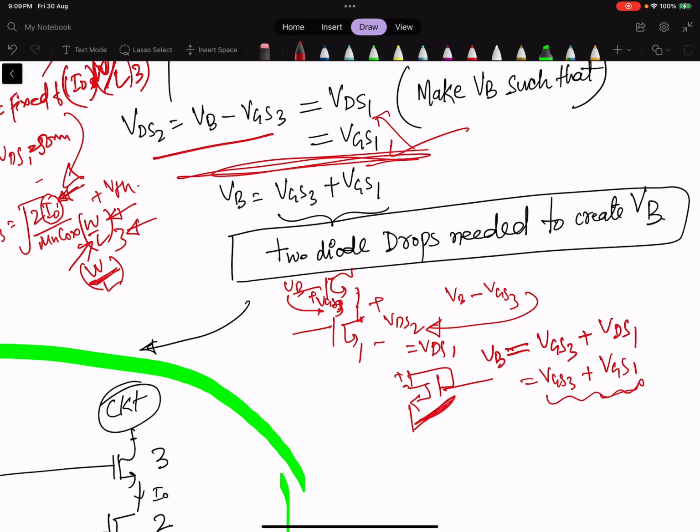So this is two drops, two VGS, two diode connected devices. To generate VB, we need two diode connected devices. This is what we should feel from the VB equation, that there are two VGS requirements: one is VGS3 and one is VGS1. VGS1 we already have. How do we already have VGS1 from the circuit?